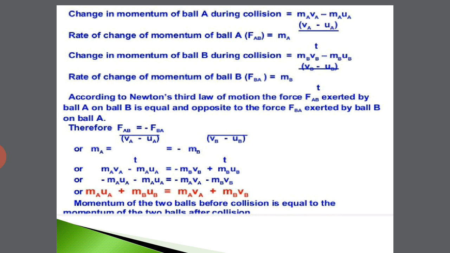Then the rate of change of momentum of ball B, FBA, is MB(VB minus UB) upon T.